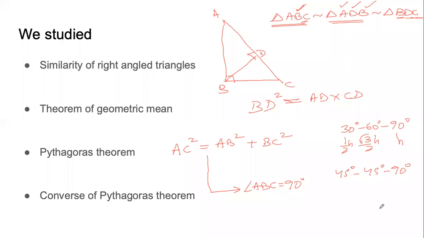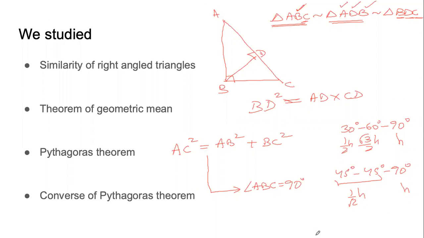Similarly, in the special case of 45, 45, 90, which is an isosceles right angle triangle, if the length of the hypotenuse is h, then the other two sides, being isosceles, will both be equal to 1 by root 2 times h.